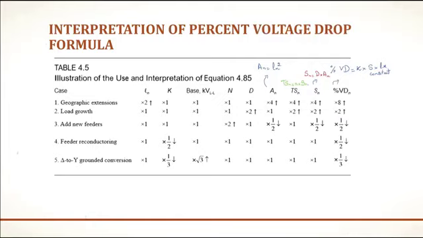So over here you can see area is equal to square of length. For square shape this will be L square, for hexagon shape this will be L square divided by under root 3.